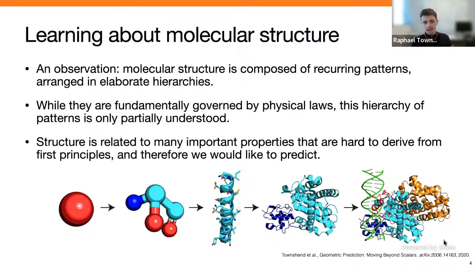While these patterns and structures are fundamentally governed by physical laws, we only partially understand them, especially at these higher levels. On top of that, these higher level structures are linked to many important properties that are really hard to derive from first principles, like molecular simulation, and that we'd therefore like to predict.